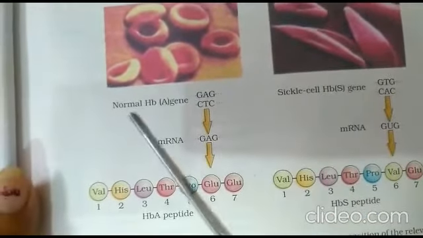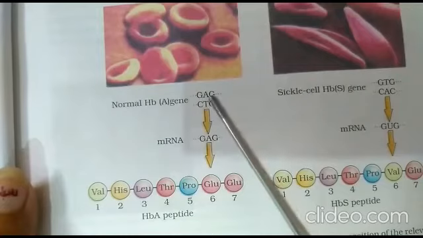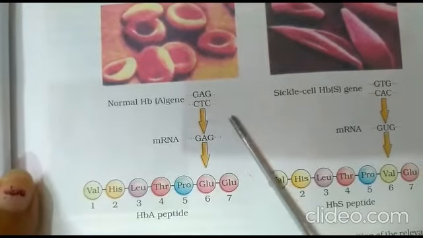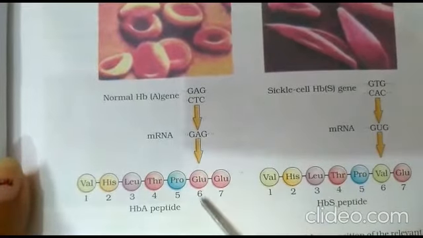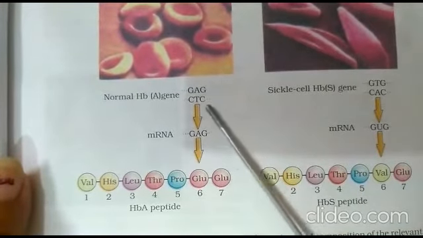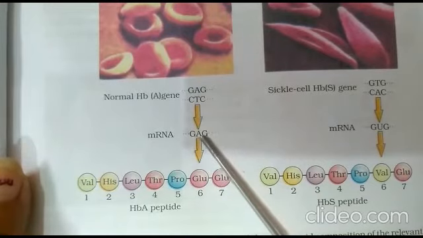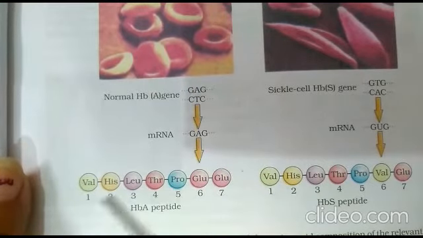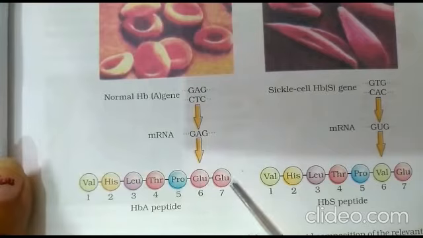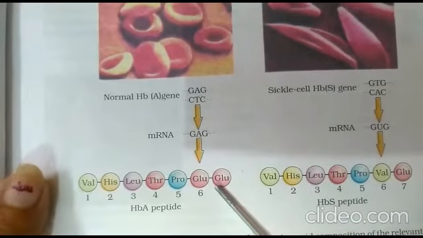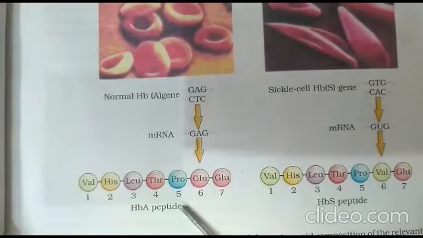For the normal hemoglobin, the base sequence is GAG, and when the messenger RNA is formed it becomes GAG, and thus there is a formation of these 7 amino acids which make the hemoglobin A peptide chain.